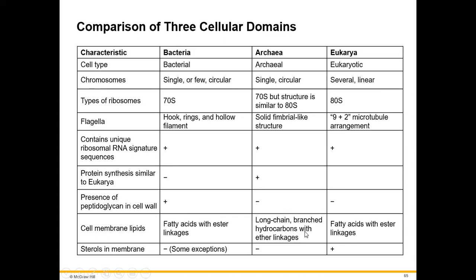Archaea have long chain branched hydrocarbons. And actually the eukaryotes are also a little more similar to bacteria. Sterols in the cell membrane: archaea don't have them. There are some, like the mycoplasma bacteria, that have them, and we have sterols in our cell membrane.